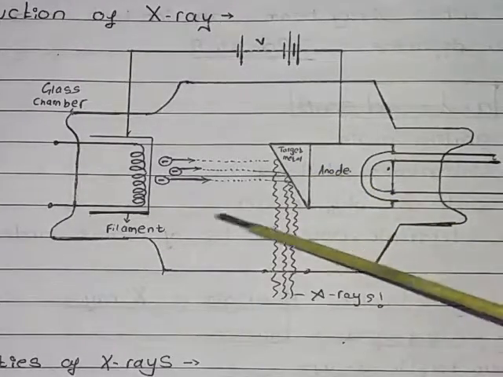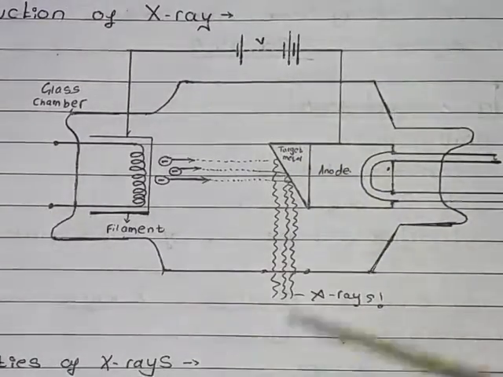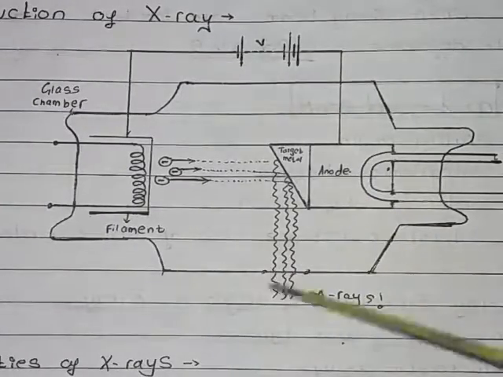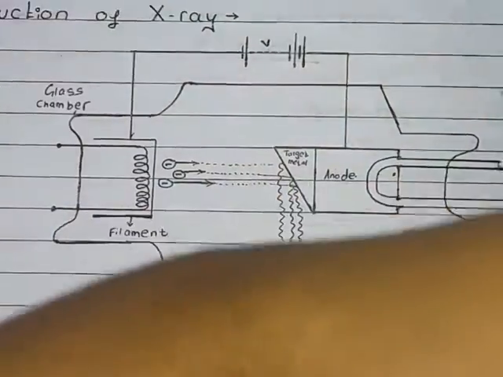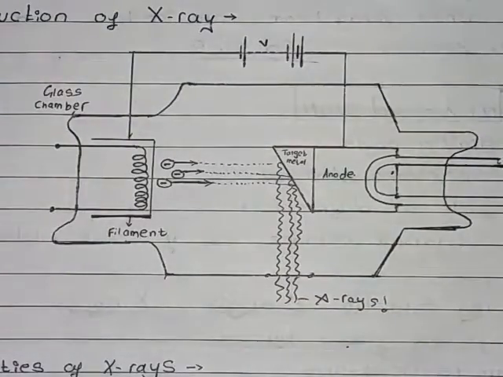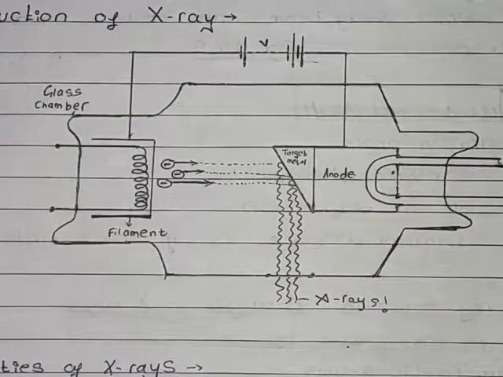You must have seen an X-ray machine. All this happens inside an X-ray machine, and waves come out. You put your hand in front of this wave, and you get a print of your hand, the bone print of your hand.